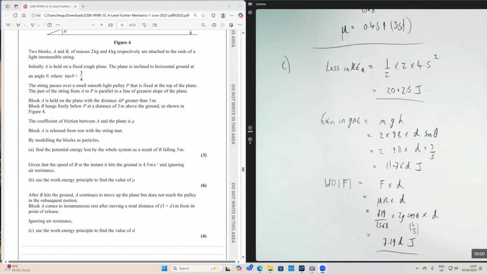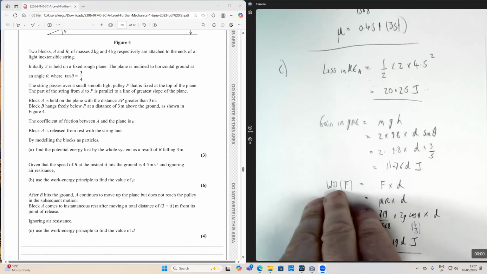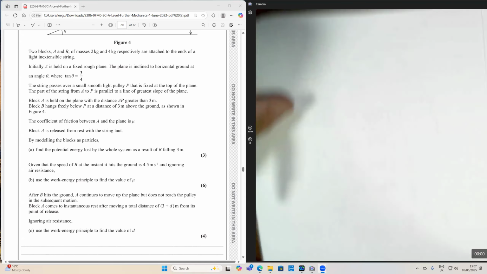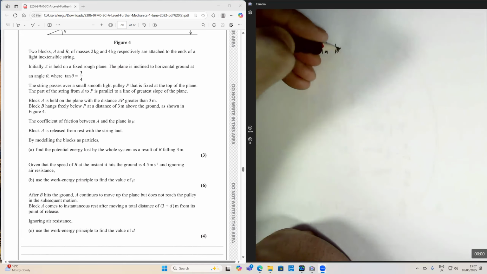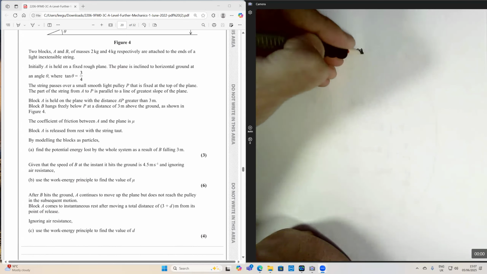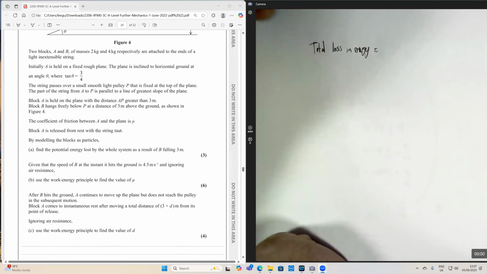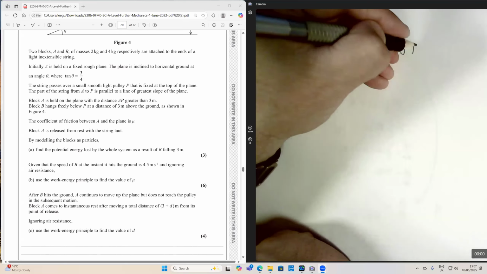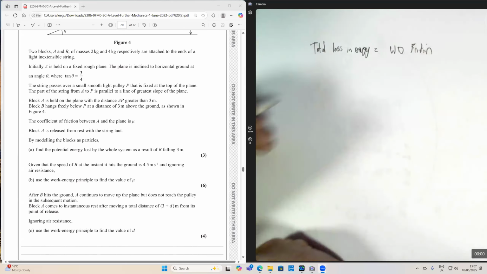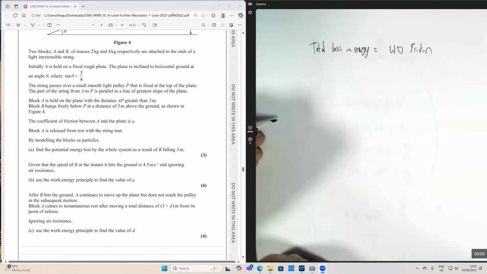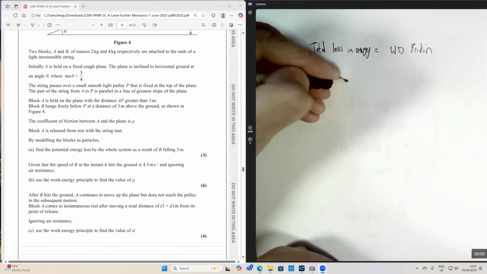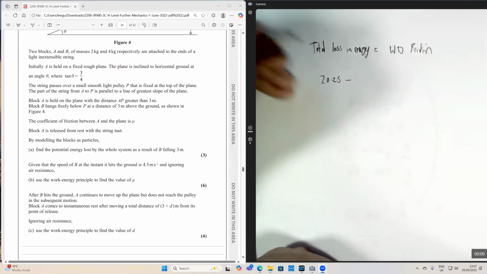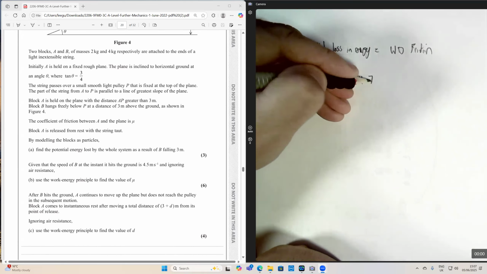Okay, so we're gathering together all the elements that we need now. The total loss in energy is equal to the work done against friction. So the total loss in energy is the loss in kinetic energy, which is 20.25, minus the gain in gravitational potential energy, which is 11.76.